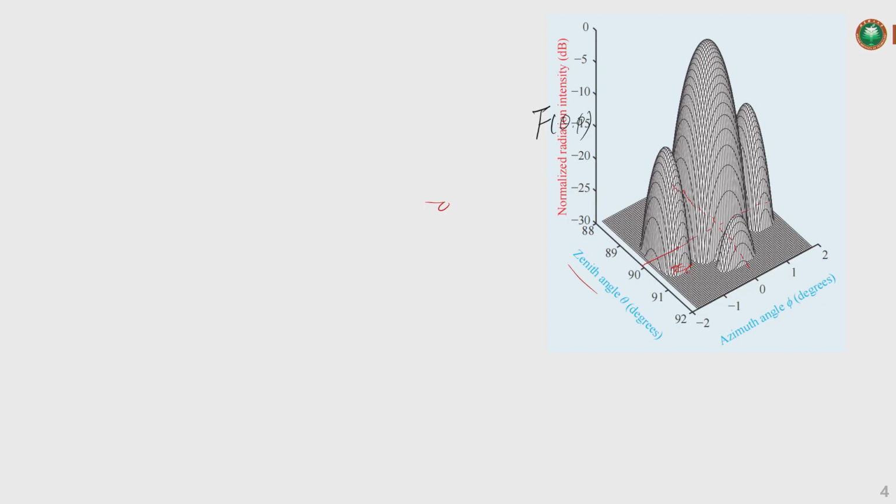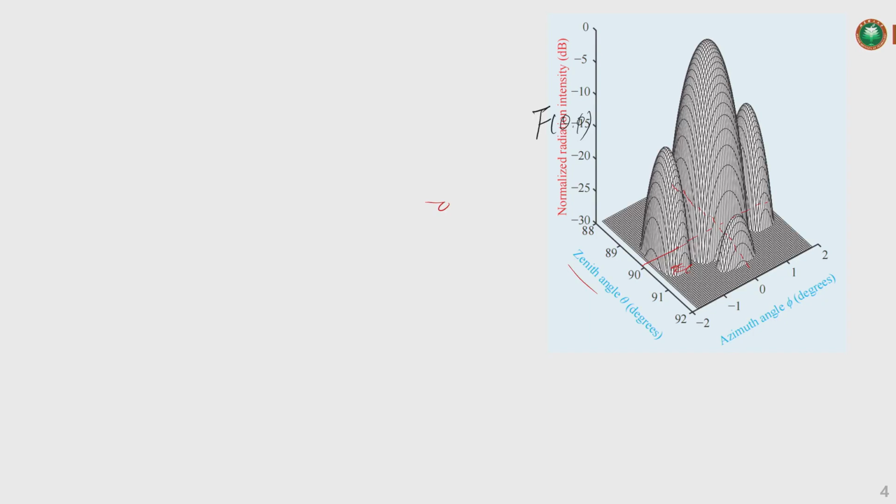So from this one, for simulation, it's convenient for us to get a three-dimensional plot, like this one. But for measurements, such as using vector network analyzers, we need to consider the time for the measurement, right?